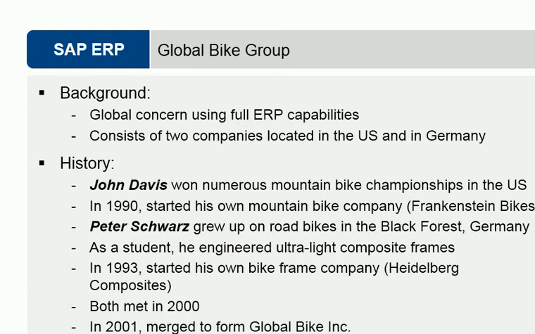And we have Peter Schwartz, who is also interested in road bikes and engineered several composite frames. He also started his bike frame company in Heidelberg, Germany. They both met in 2000 and thought it would be a good idea to merge these two companies, and they formed Global Bike.